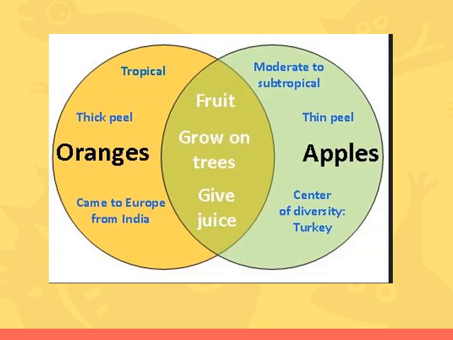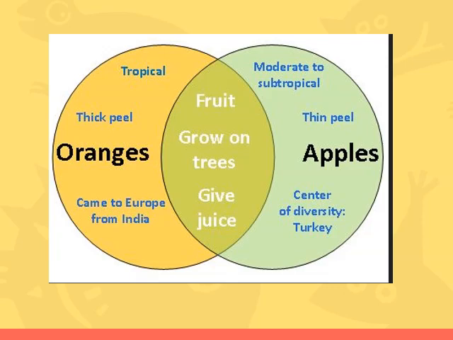Apples can thrive in a subtropical climate, which is hot, humid, with mild to cool winters. Apples actually stay crisp and juicy and maintain their color in hot temperatures. So moderate to subtropical are basically zones north and south of the tropic zone. So that's how they're a little bit different there.